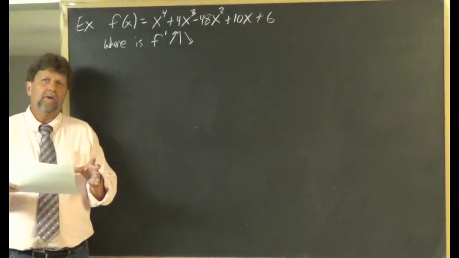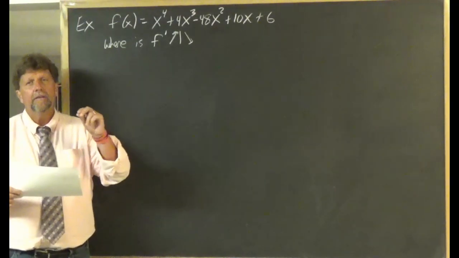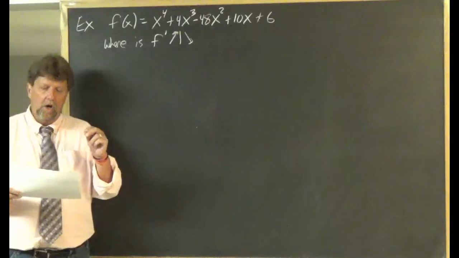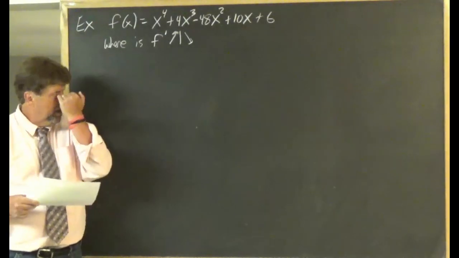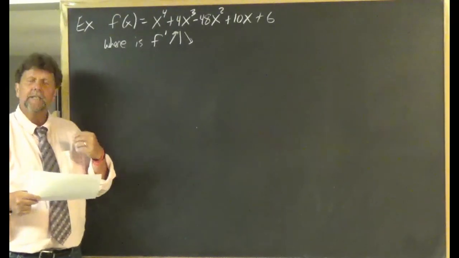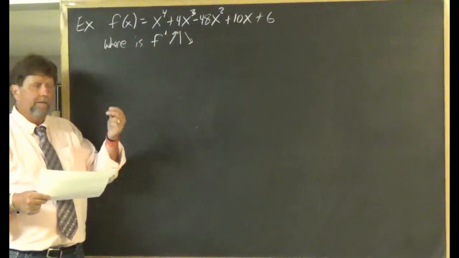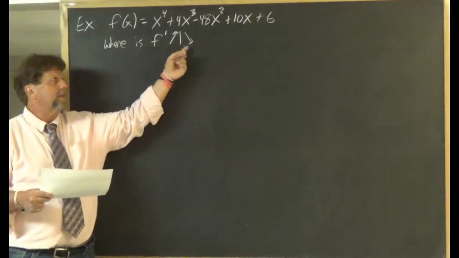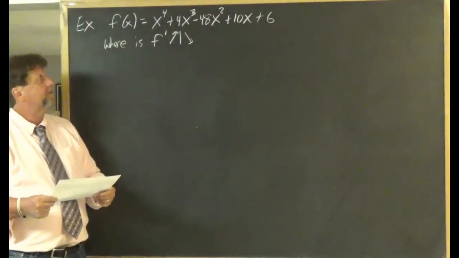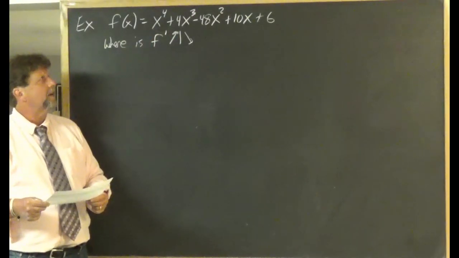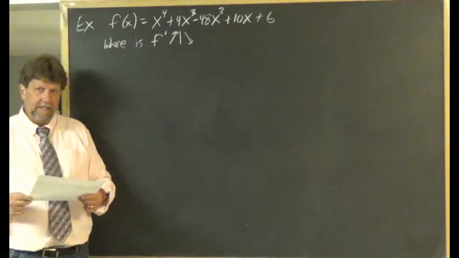All right, we just summarized back on the slides that where the second derivative is positive, the derivative is increasing. Where the second derivative is negative, the derivative is decreasing. And so here, in this example, we're asked to use the second derivative to determine where the derivative is increasing and where the derivative is decreasing. We're given the function x to the fourth plus 4x cubed minus 48x squared plus 10x plus 6.